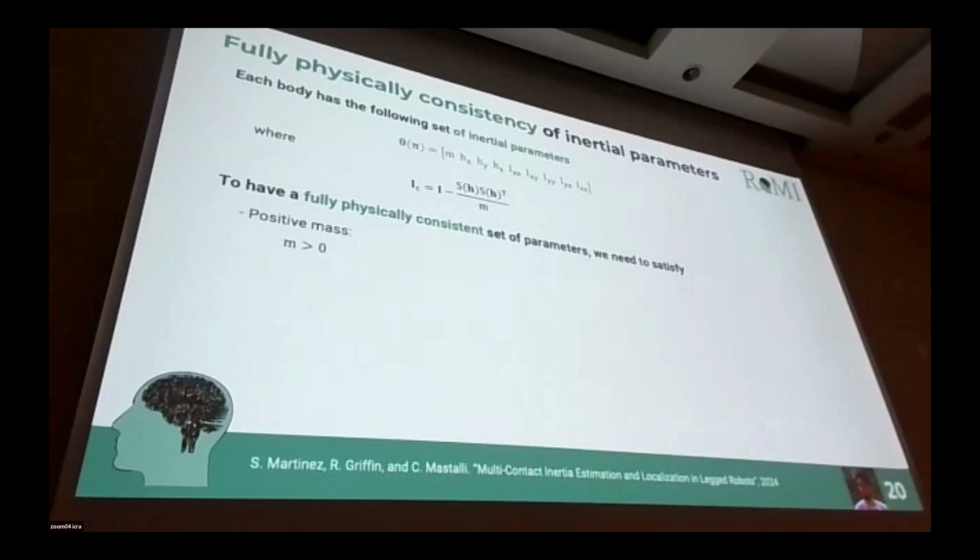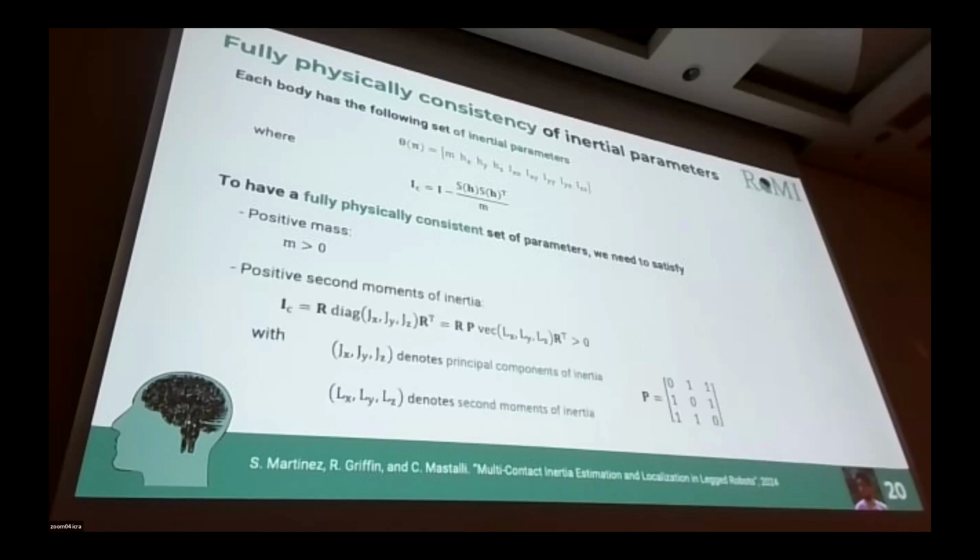And what you really need to satisfy to have parameters that are fully physically consistent is that the mass is positive, and the second moments of inertia are positive. And the second moments of inertia can actually be computed when you do the singular value decomposition of the rotational inertia I_C. And as you can see, this is a singular value decomposition.